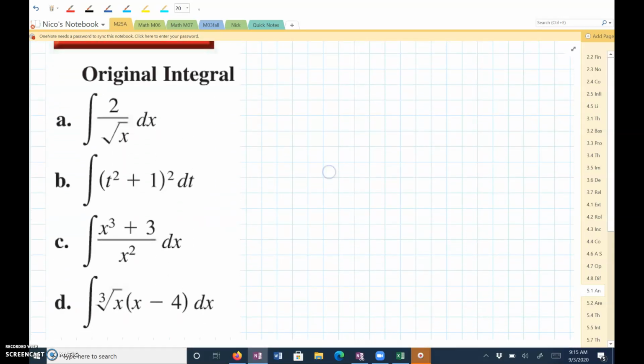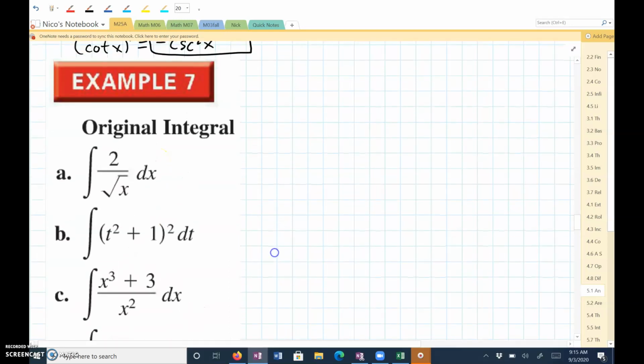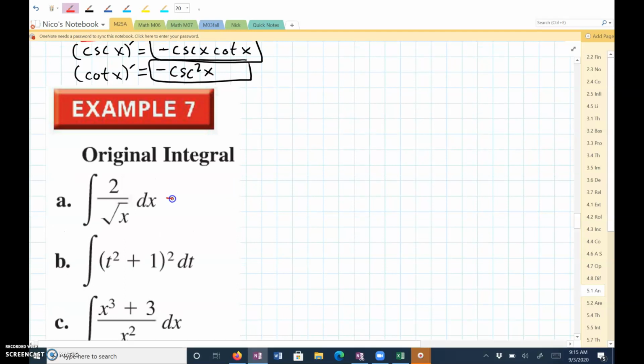All right, example 7, let's try some of these. So part A, I'm going to rewrite this integral as 2 times x to the negative 1/2 dx.